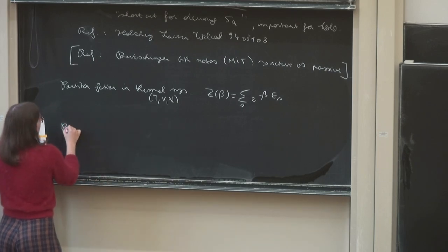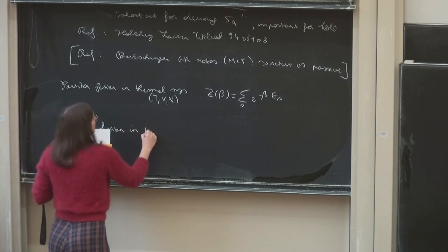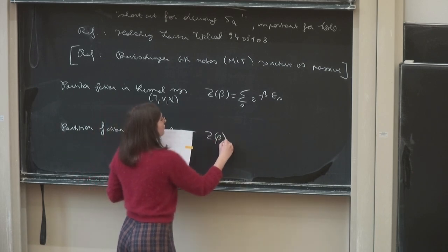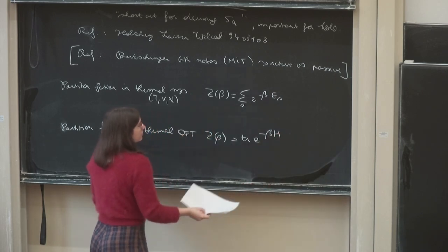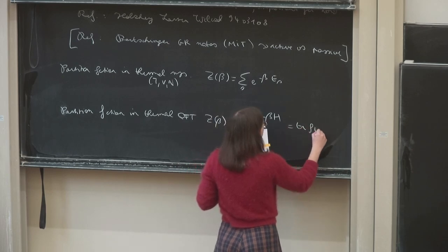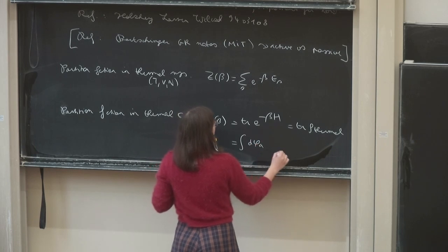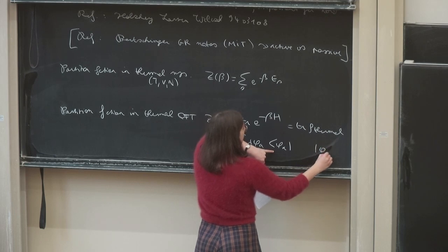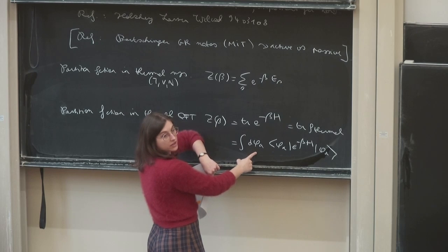And so similarly in a thermal QFT, you will have some partition function, which is a trace of e to the minus beta H, or the trace of rho thermal, we called it actually, which is thus taking the trace of this thing, so the phi A component of the thermal density matrix, and then integrating over all values.